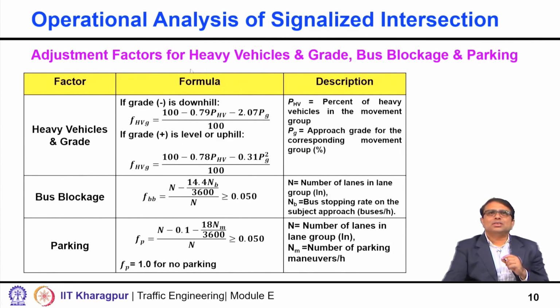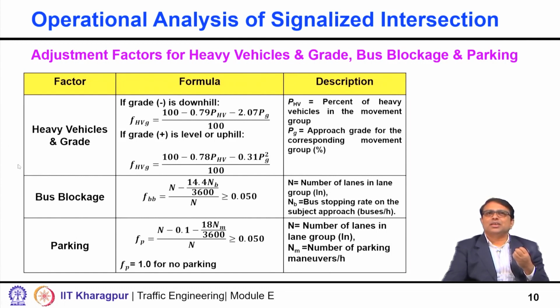Now, in this slide I am showing adjustment factors for three things: heavy vehicles and grade together, then bus blockage and parking. So, actually four things, but heavy vehicles and grade are combined, because the grade also will impact the heavy vehicles.